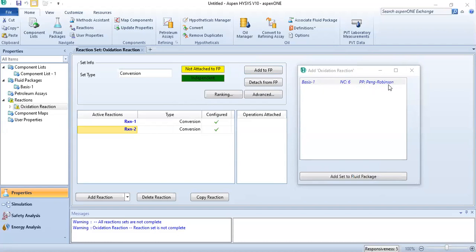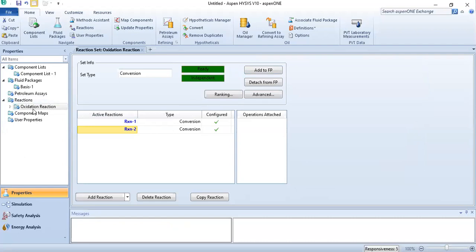TP is the thermodynamic package. It says add set to fluid package. Now we have attached this fluid package with our reaction. Now everything is ready.